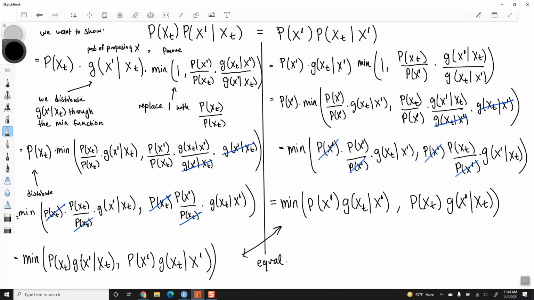And so because of that, we have detailed balance, that the amount flowing from one state to the other, and any two states, x prime and xt, there's infinitely many of them in a continuous distribution, but if we just think about overall on the chain, what's the probability of going from one state to another state and another state to another state? All of them are going to be in detailed balance when we're at that stationary distribution.